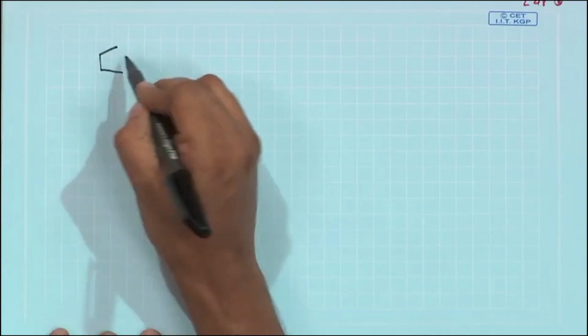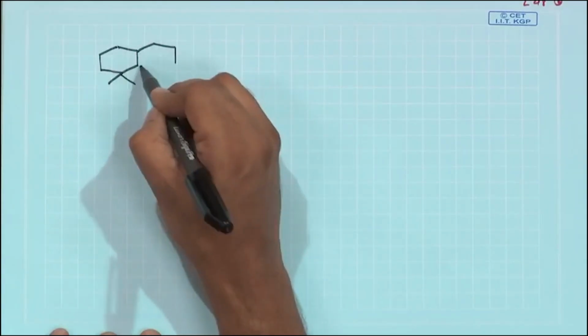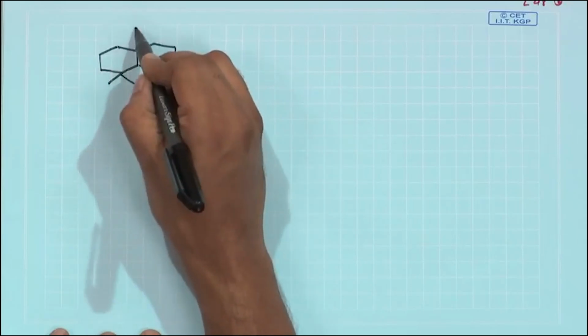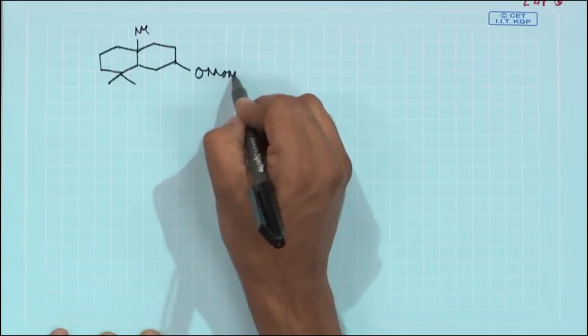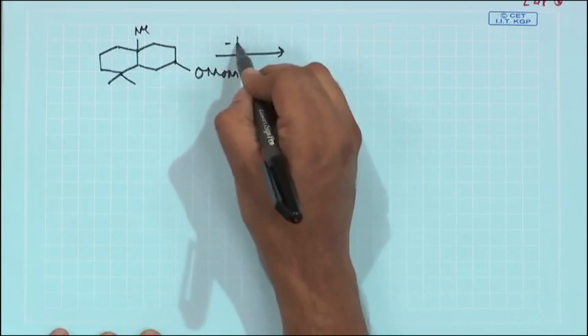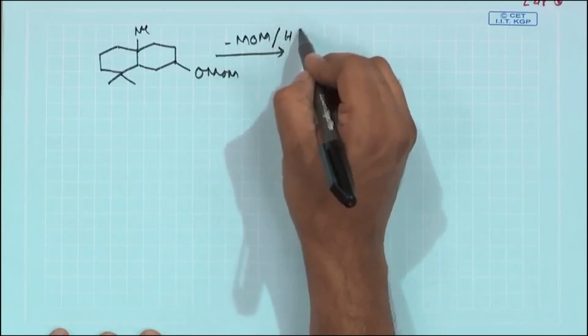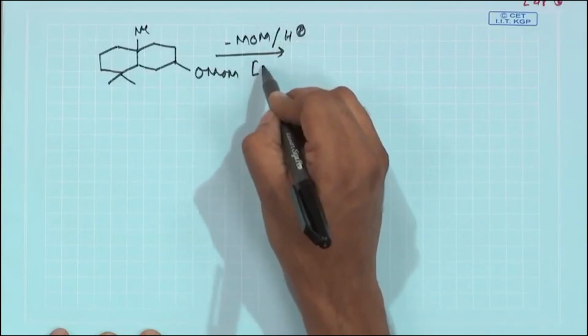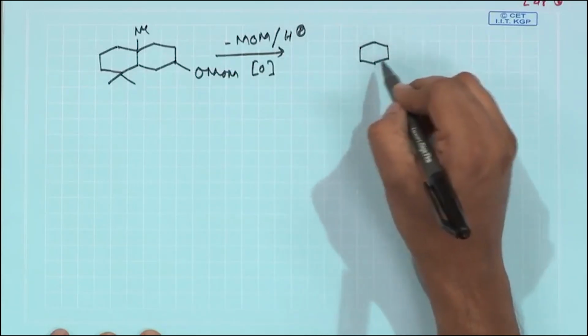So, what you now do is take this initial starting material, methyl with a MOM here, you remove the MOM with H plus treatment, and do the oxidation to bring the ketone.